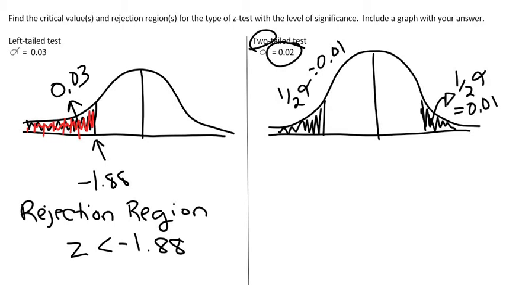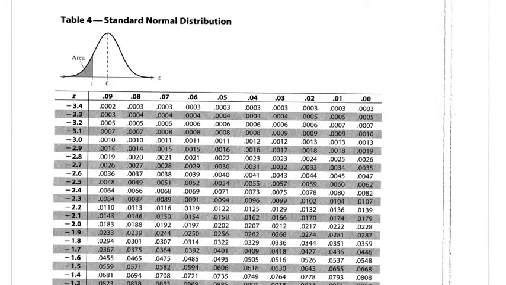Now, since your standard normal curve is symmetric, all you need to do is find one of them, and you have found both of them. One will be negative and one will be positive. So we're going to go to the chart, and we're going to look for the area of 0.01.